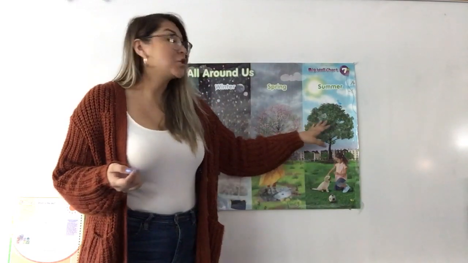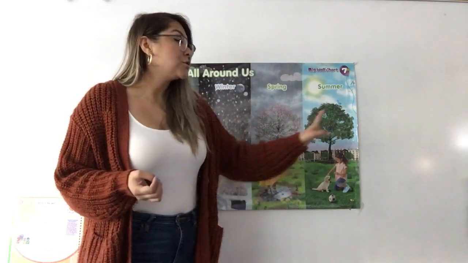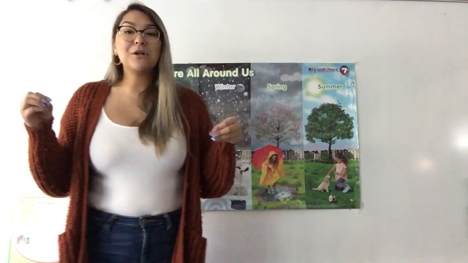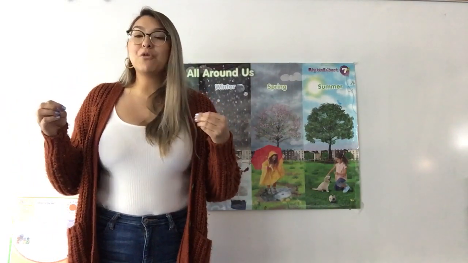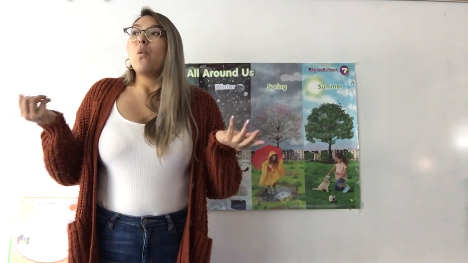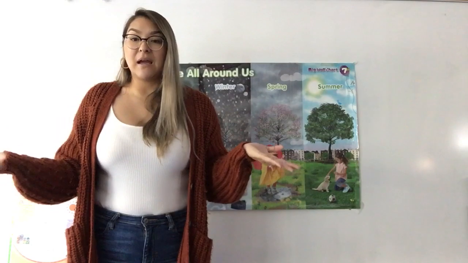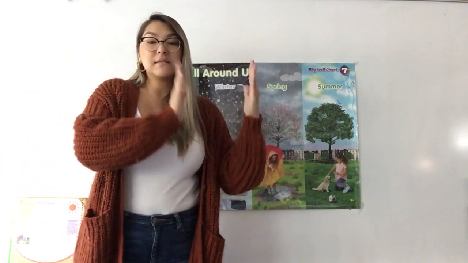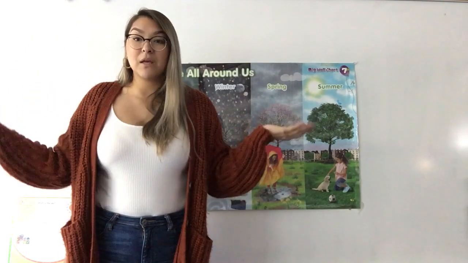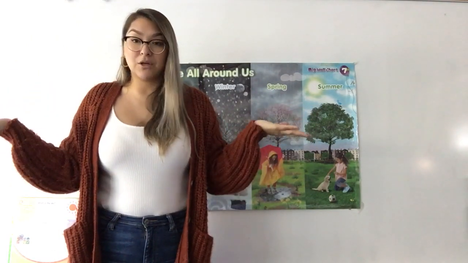Just like plants need the sun, so do trees. Now we're going to explore a little bit, because some of you might be curious and wondering, what happens when the sun is gone at night? Why do we only see the sun sometimes, and other times, the other half of the day, it's dark? Where does the sun go?